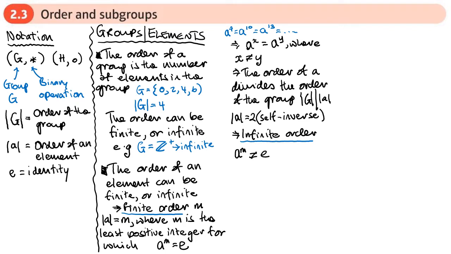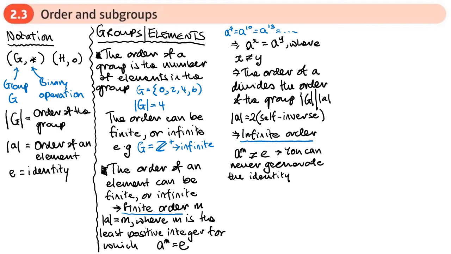That's basically what this means here. The whole point with a finite order is that you generate the identity, and then the next element you generate is going to be the element itself. You cycle round, and that happens because you get to the identity. If you never get to the identity, you're never going to cycle round.